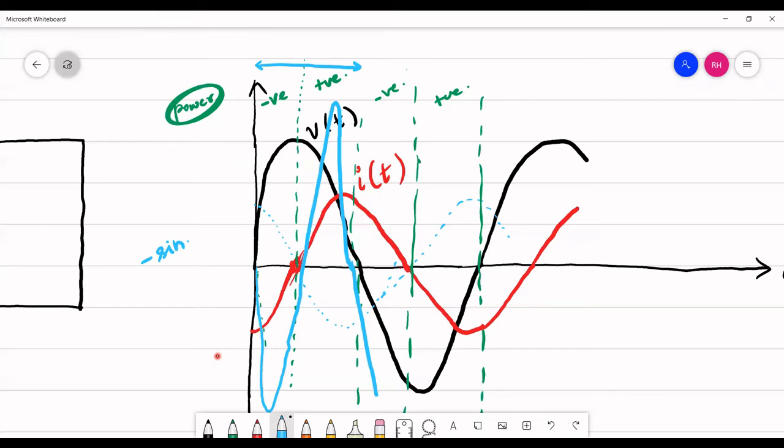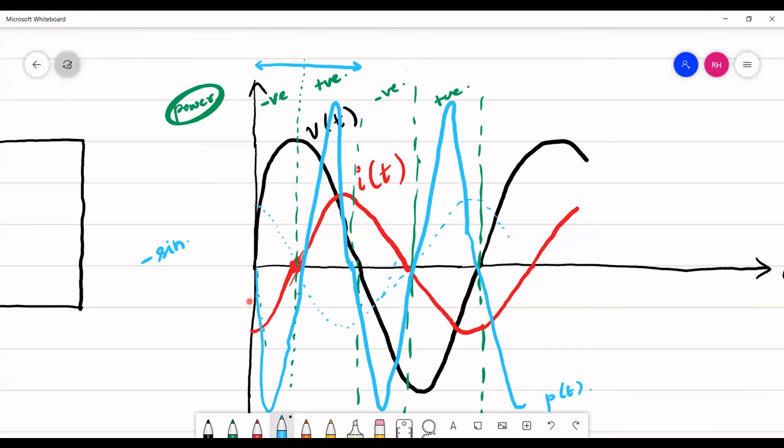And then again negative. Positive. So this is the plot of power, instantaneous power P of t.